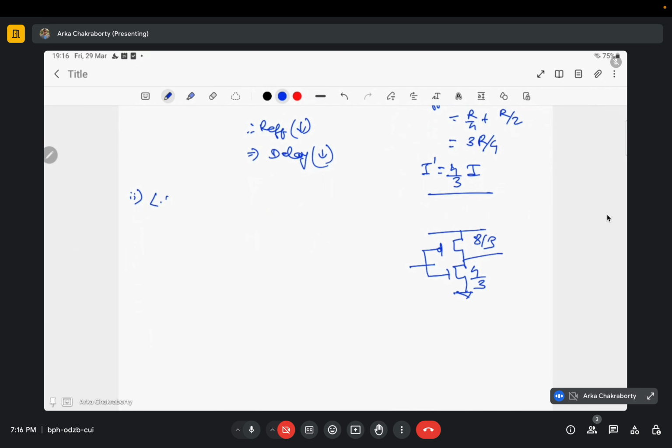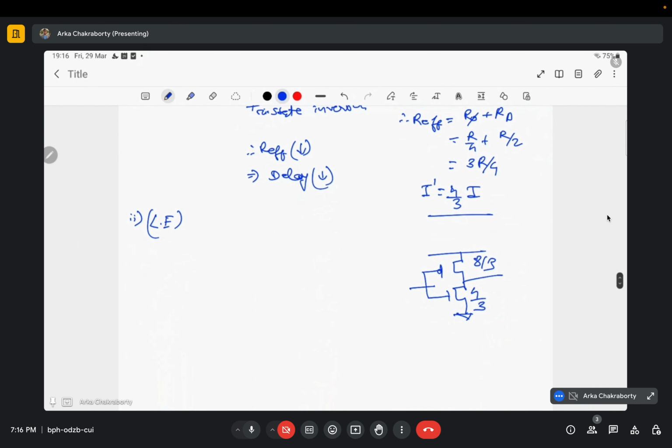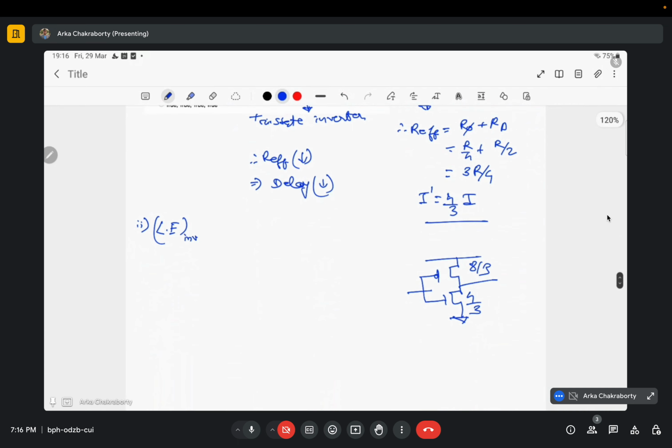Therefore, logical effort of inverted buffer, of inverter buffer would be how much?